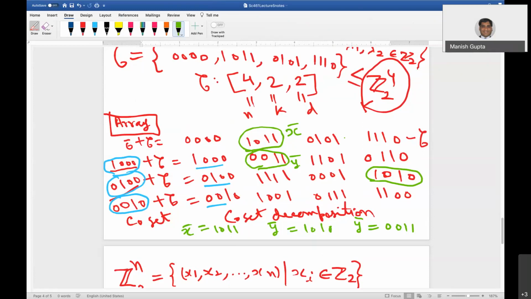Okay, and this principle works as long as the distance allows you to correct the errors. Here, because distance is 2, sometimes we will be able to correct, sometimes we will not be able to correct, right? I hope you got the idea about coset decoding. So basically, this is how we do the decoding.